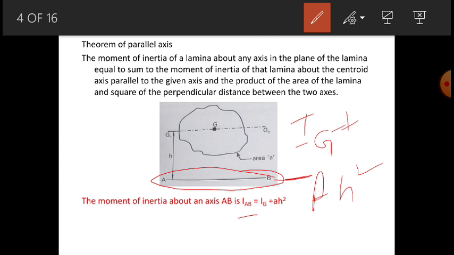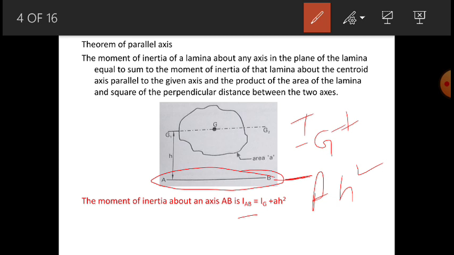The moment of inertia of the lamina about any axis in the plane of the lamina is equal to the sum of the moment of inertia of that lamina about the centroidal axis parallel to the given axis, and the product of the area of the lamina and the square of the perpendicular distance between the two axes.